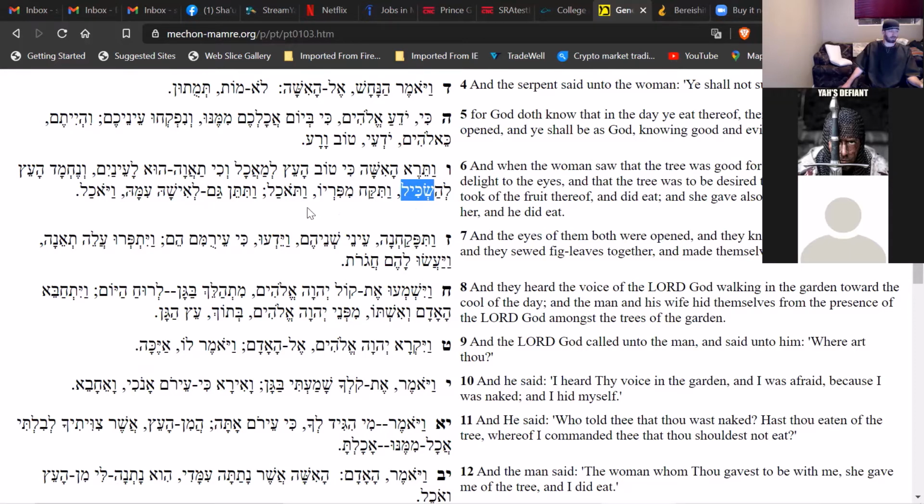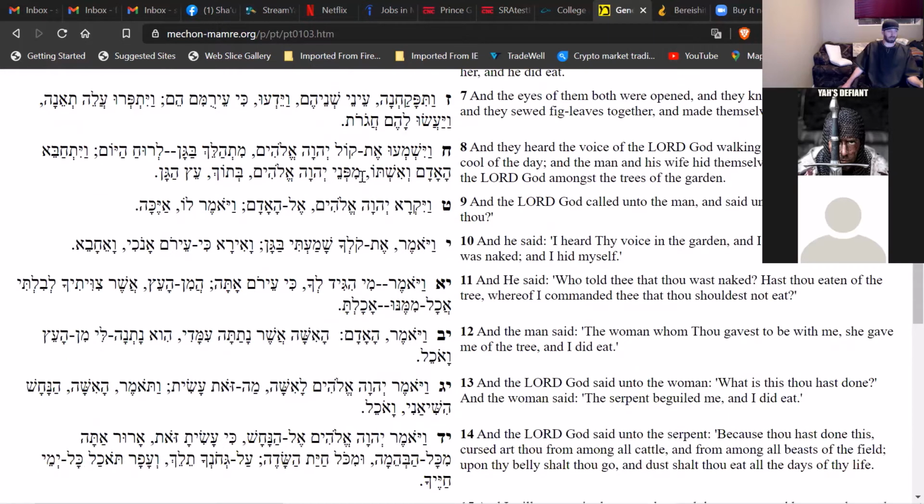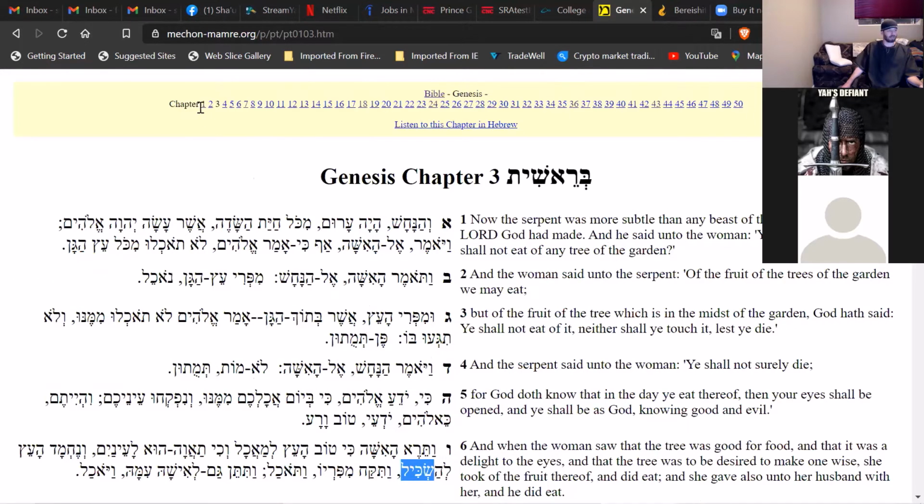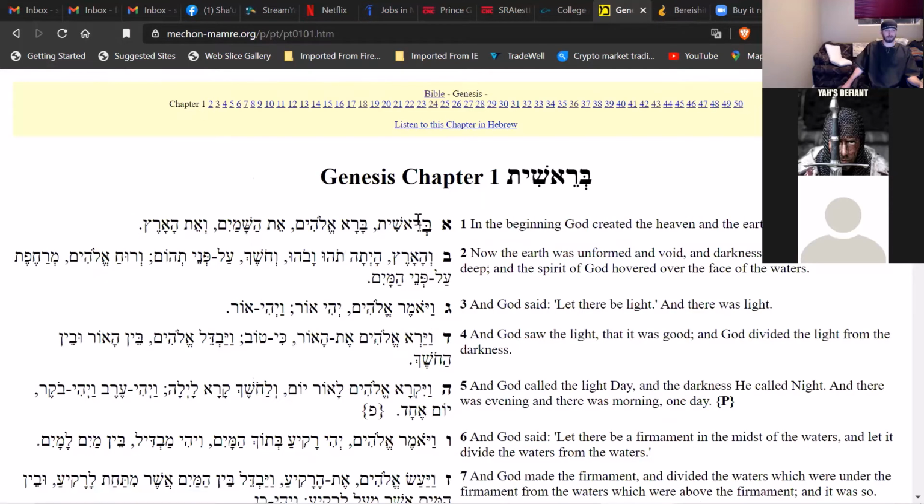I think I covered bait, but you don't often find bait as a prefix, but bait is for in. So I was just looking to see if I could find an example. Well, I know that we have lots of bait as prefix in chapter 1, which we were looking at.